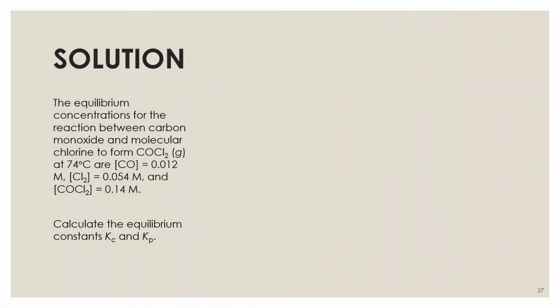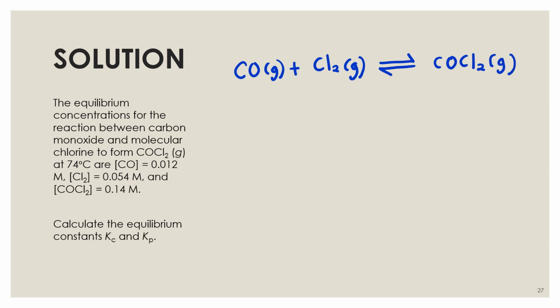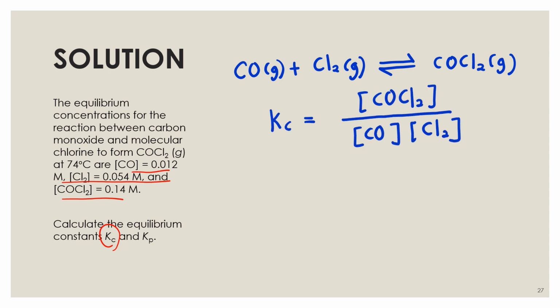So from the question, firstly, of course, you need to start with writing the balanced chemical equation. And then we are about to find the value of Kc. And since we already have the equilibrium concentrations over here in the soalan, maka from the balanced chemical equation, first you have to write the Kc expression.